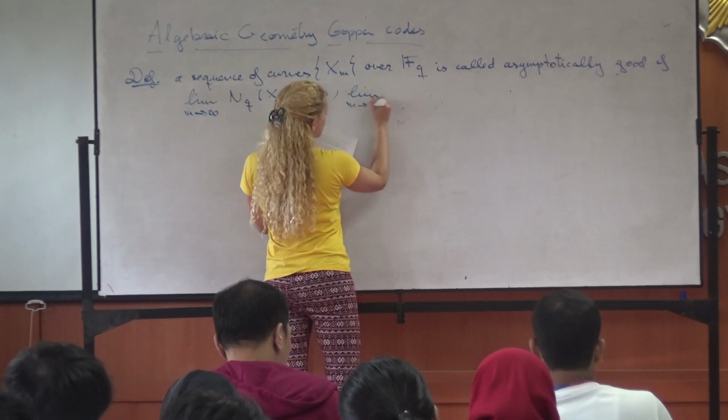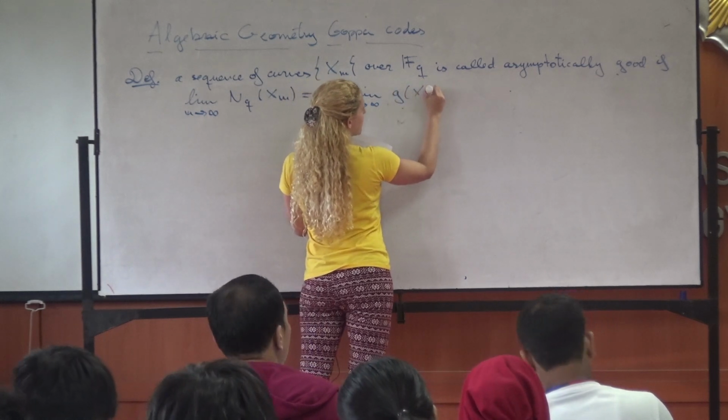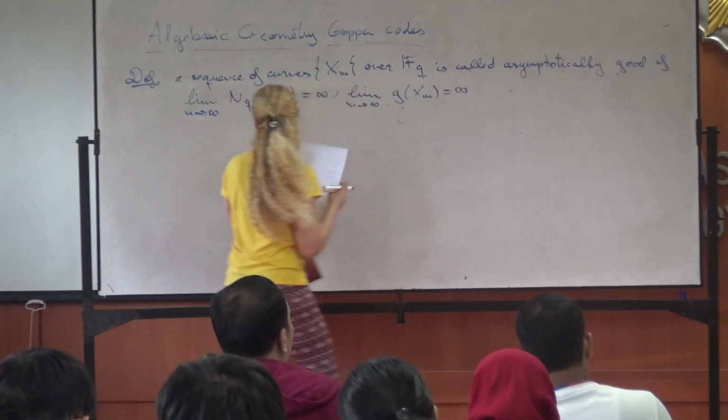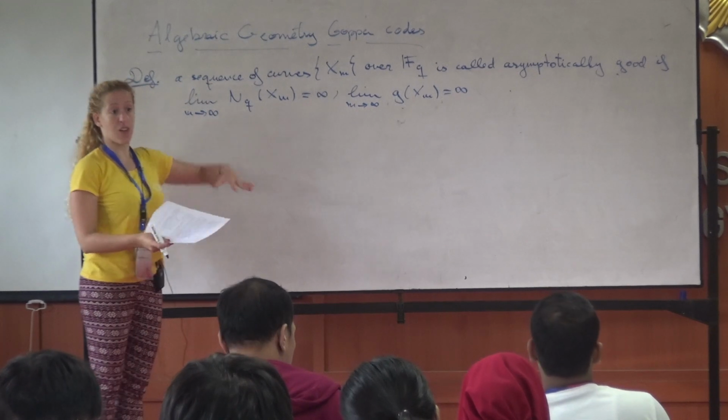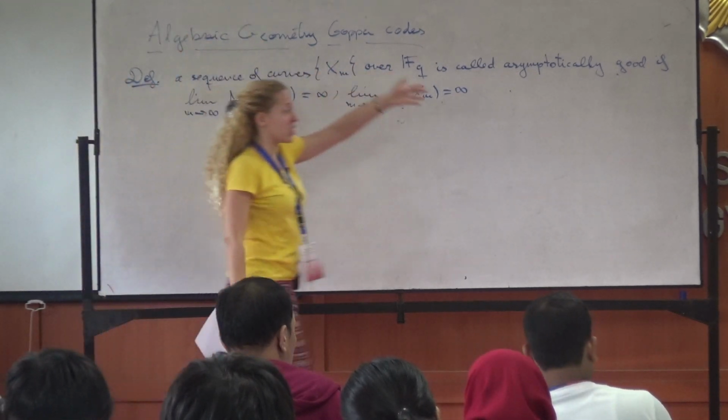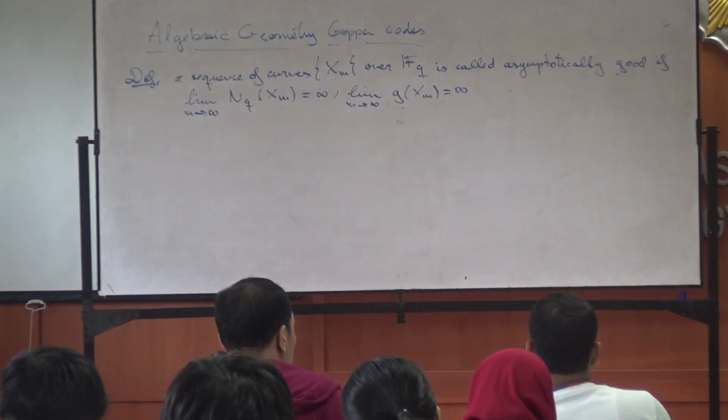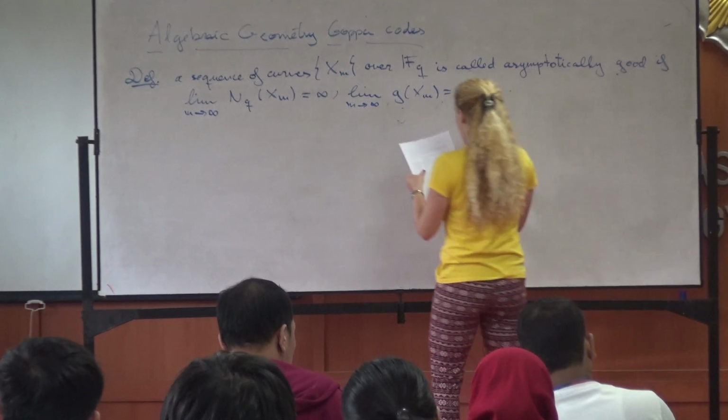Then we also need the genus of these curves to go to infinity, right? Because if the number of points goes to infinity, the genus also does, because the genus gives you a bound for the number of points. So we also need this to go to infinity.